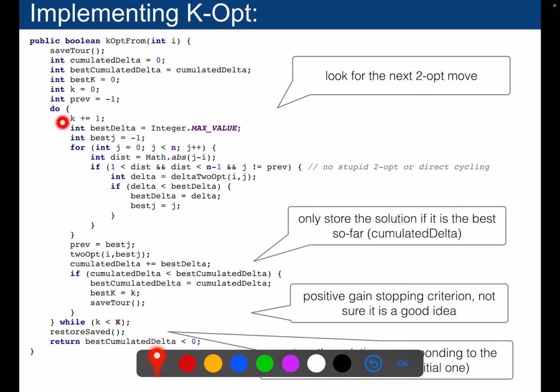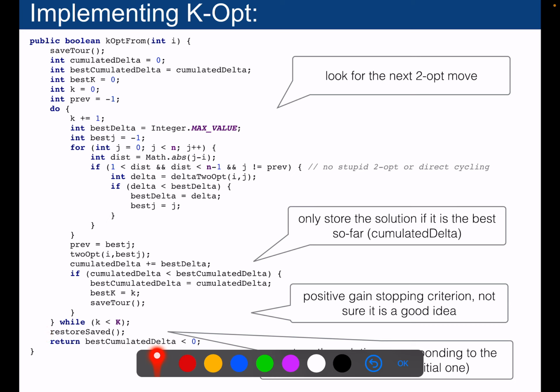So if you discover that after a given number of k, the cumulative delta is better than the best that you have seen so far, you store it, you save the tour so that it can be restored just after. So this is how we implement the look back of the history and restore the best solution for the previous k.